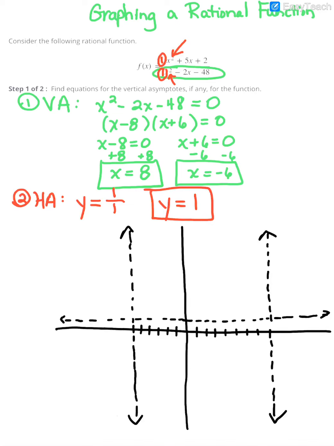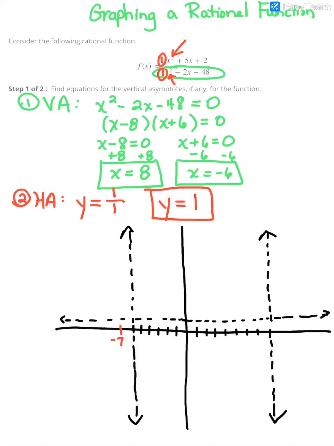So if we have x is equal to negative 6 here, then we have a point here of negative 7 that we could plug in, or negative 8, negative 9, negative 10, whatever, just plug it in. And the main thing we need to see is where that y value would actually be. So you can do your plugging in on a calculator if you want, or you can do it by hand. I'll just show it by hand.